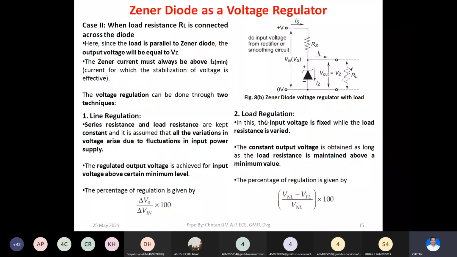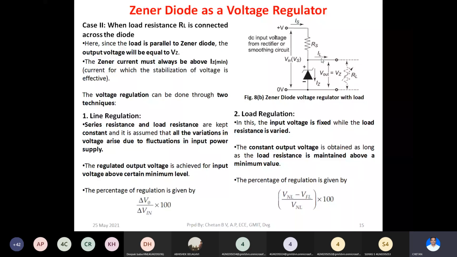In load regulation, the input voltage Vin and the resistance Rs will be constant. Only the load, which is represented by this resistor RL, will vary. Vary means that this can be increased or decreased, right? Suppose this RL value is increased, then this IL value is going to decrease.